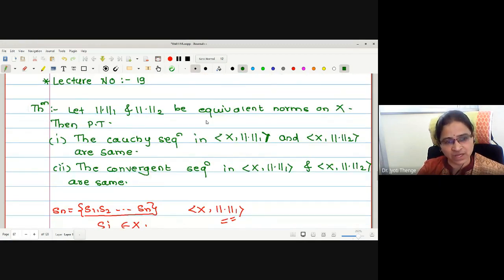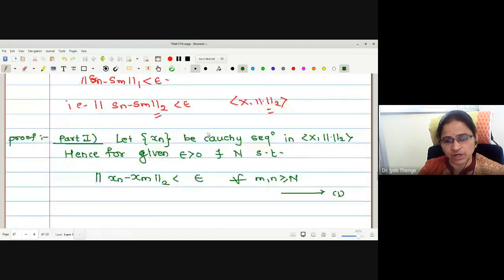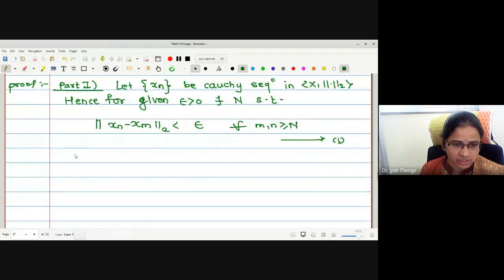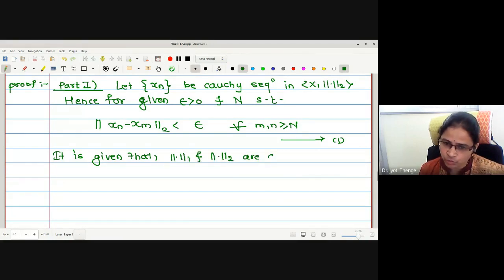The two norms are equivalent, so that we can use the inequality we have written. Right? Here let me write. It is given that norm 1 and norm 2 are equivalent. Therefore, what we were going to write?